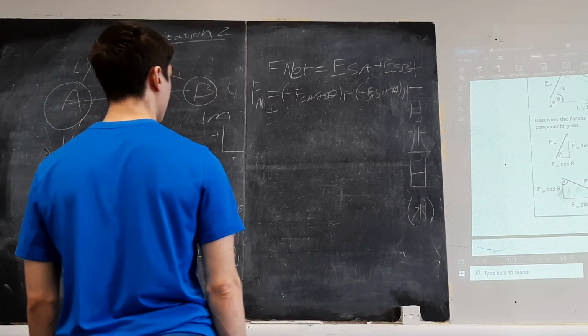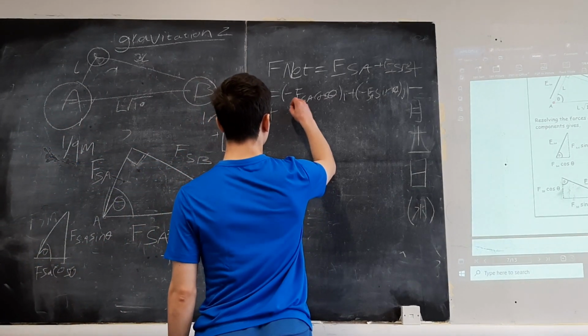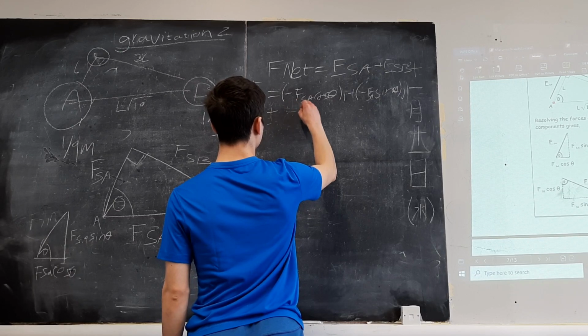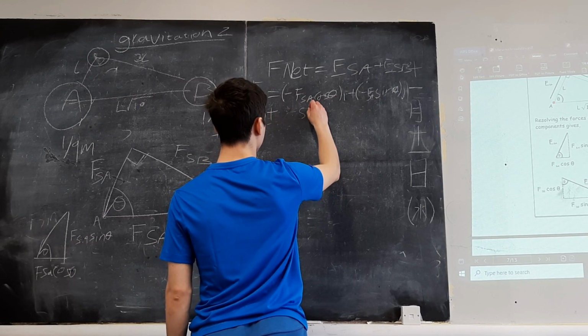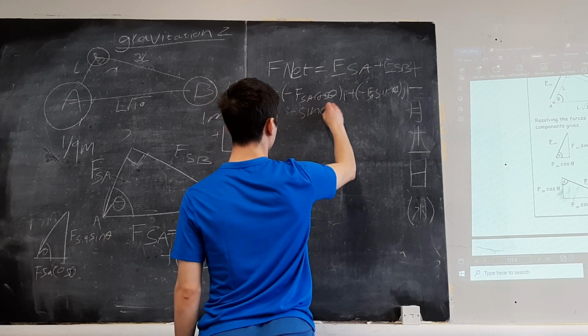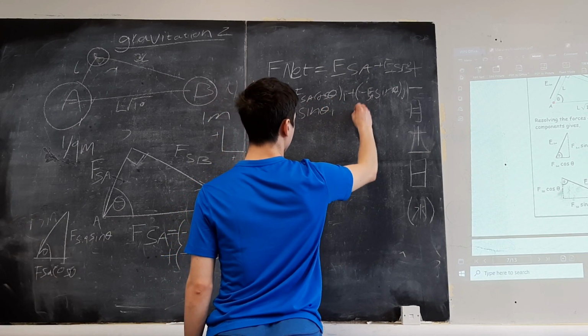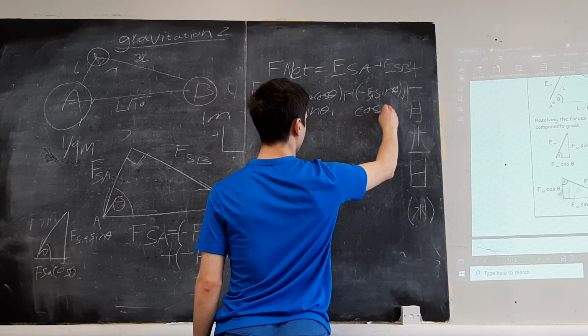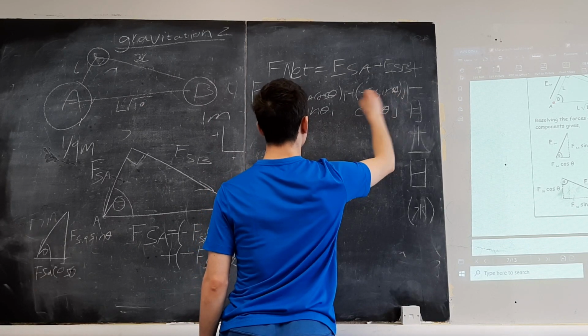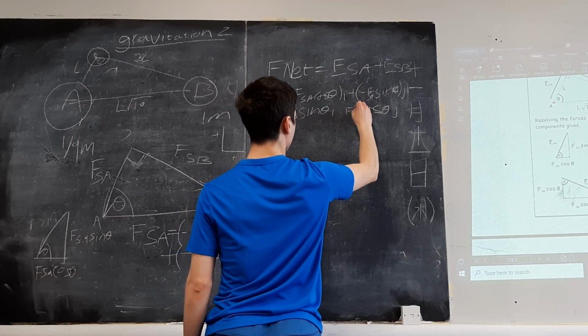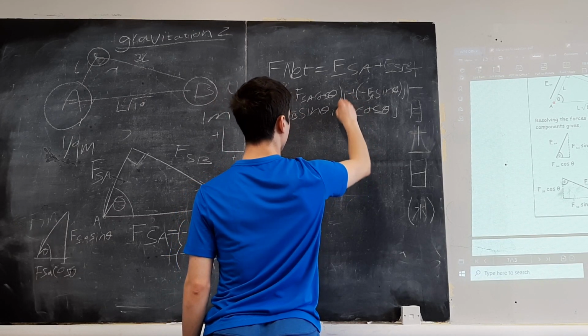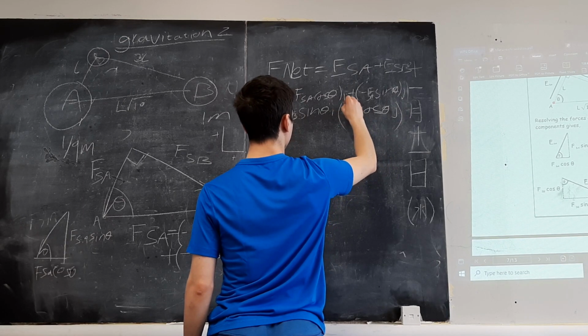FSB is a positive sine i minus cos j. Minus sine? That's positive sine i minus cos j. You remember to put FSB in front. Yeah. That's negative cos.